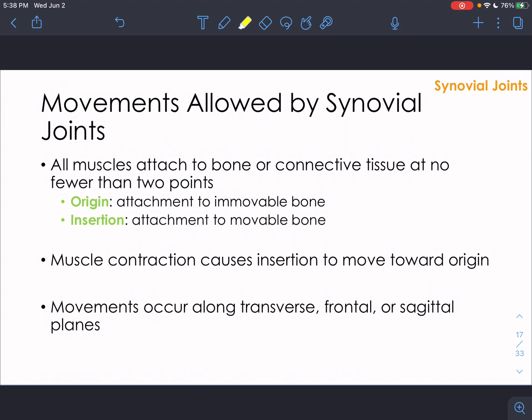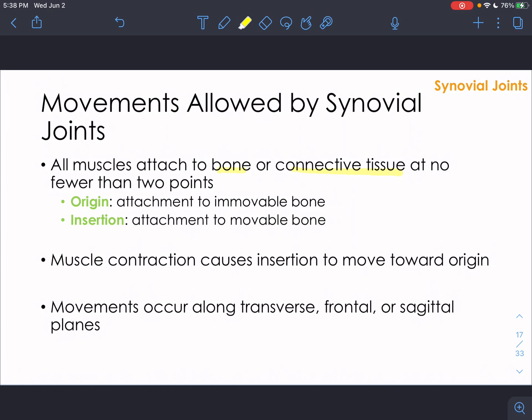All the muscles attach to bone or connective tissue at no fewer than 2 points, which gives us 2 points of attachment for each muscle. And again, muscles are what's going to be creating the movements. The synovial joint is what's allowing for specific movements, but the muscles are actually doing the movement. So these go hand in hand, the muscles and joints.